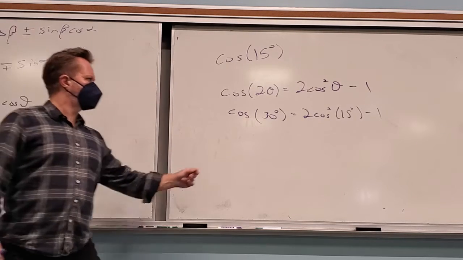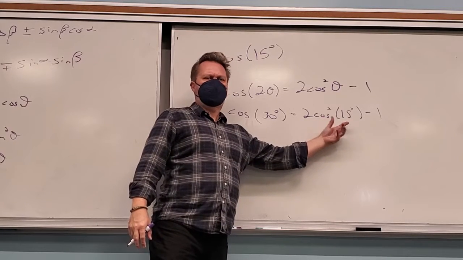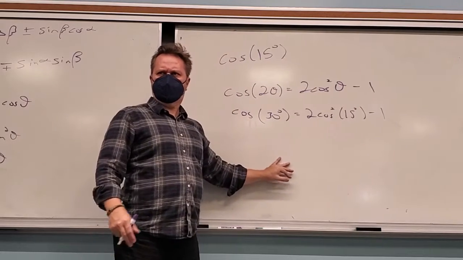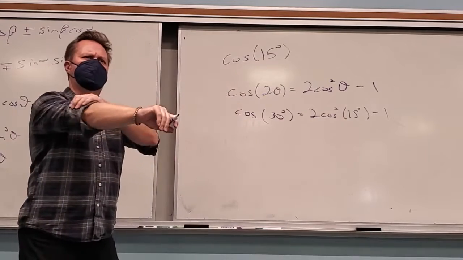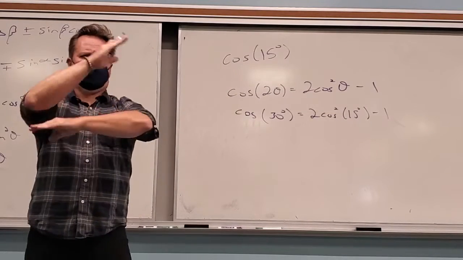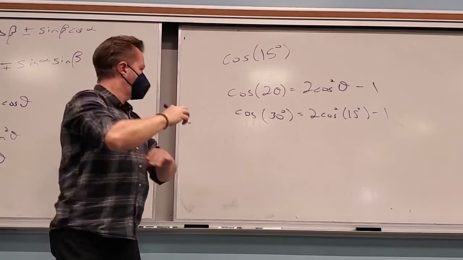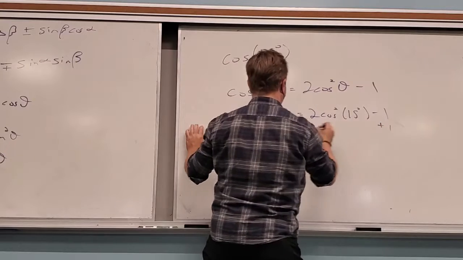Can't I solve this for cosine of 15 degrees? Couldn't I just add 1? Let's do it. What is cosine of 30, by the way? Say again? Root 3 over 2. I'm going to add 1 to both sides.